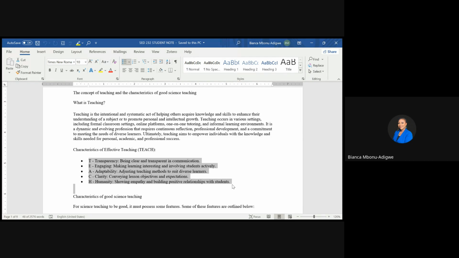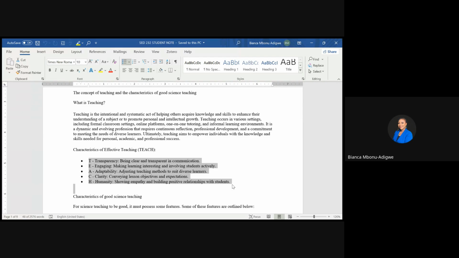You don't need to use ambiguous words. You don't need to use final year students' language to teach JSS1 students. You don't need to use the language that you will use to talk to a 15-year-old to talk to your 2-year-old. No. So your language in teaching must be transparent. Communication must be clear. That is T, transparency.